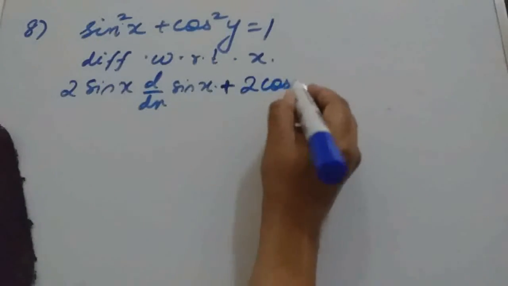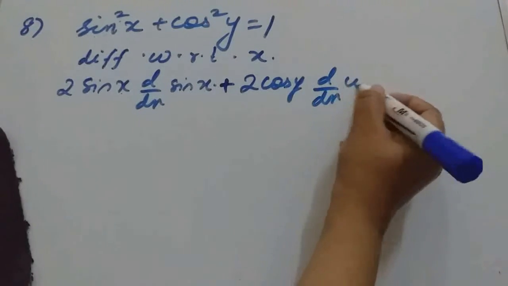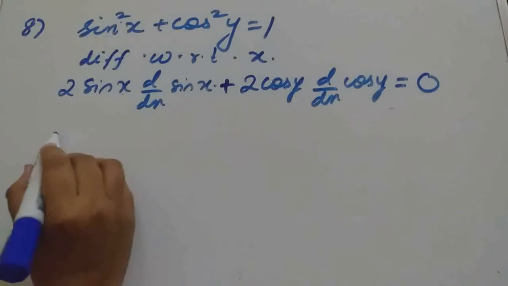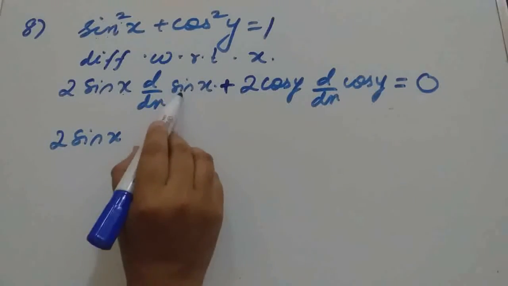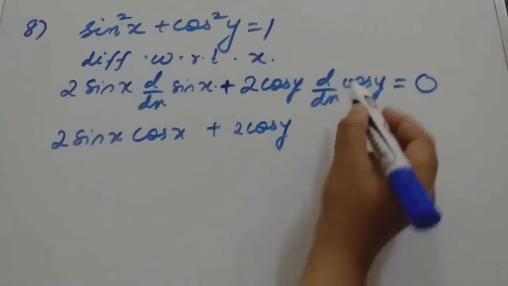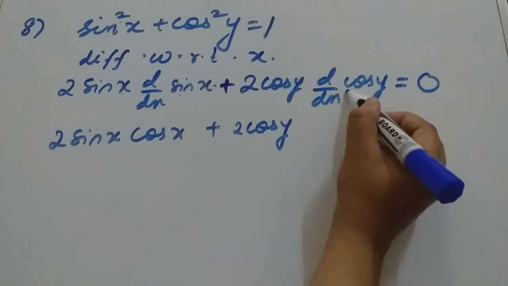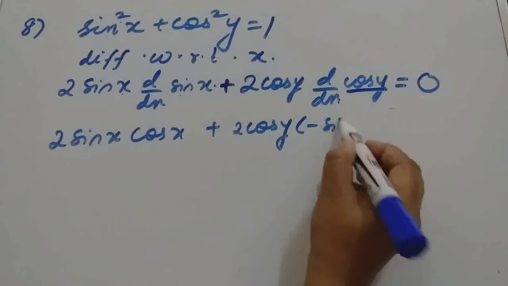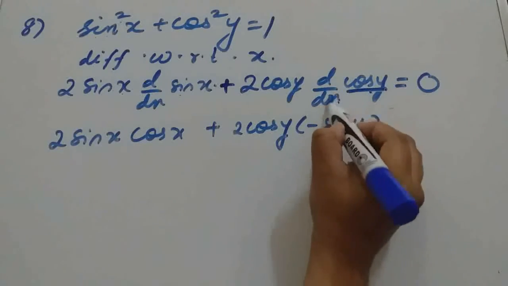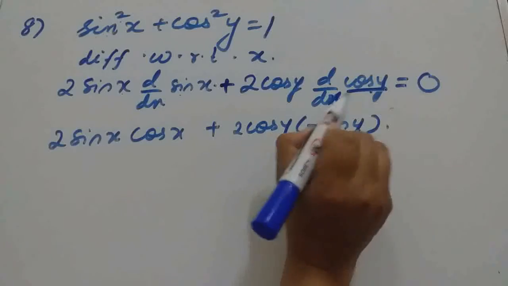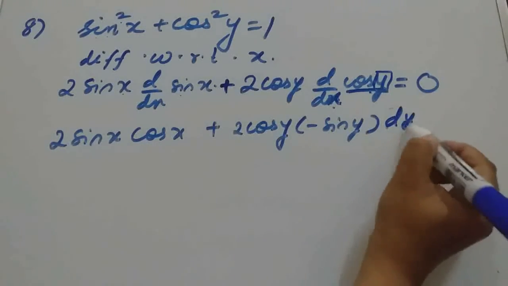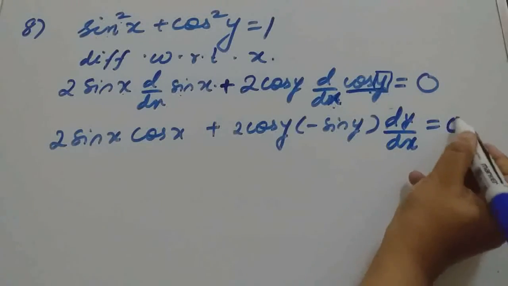2 cos y and then derivative of cos y equals to, derivative of 1 will be 0. Now 2 sine x, derivative of sine x is cos x. Here 2 cos y, derivative of cos y will be minus sine y, and then again we should take derivative of y because we are differentiating with respect to x, and here this is cos y, so this is a composite function. So we should take derivative of the composite function in multiplication.